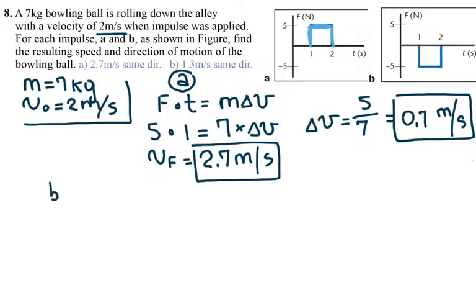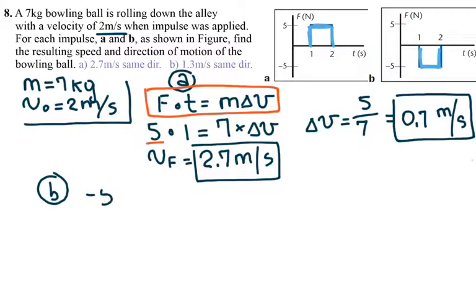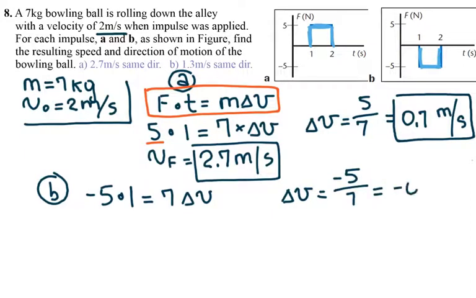For the second part, for B, the force that was applied was negative 5 newtons. So now I'm still going to use the same formula, but instead of the force positive 5, I'm going to write negative 5. So the force is negative 5, the time is still 1 second, the mass is 7 kilograms, and I'm still looking for the change of the velocity. So in this case, the change of the velocity is going to be negative 5 over 7, or negative 0.7 meters per second.